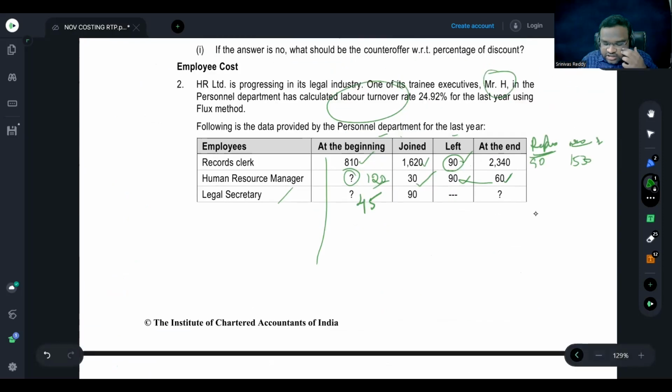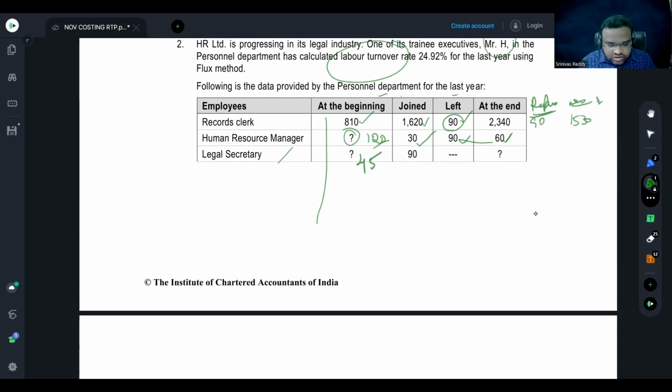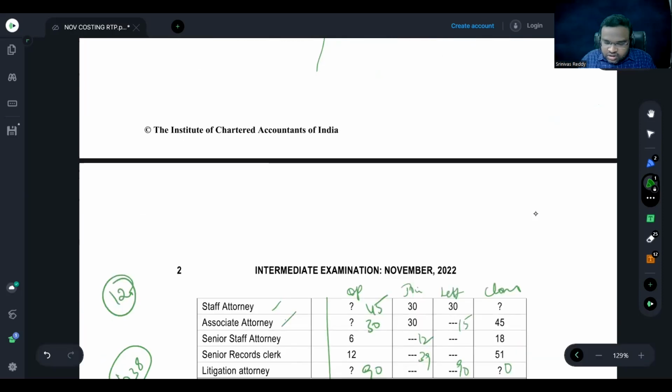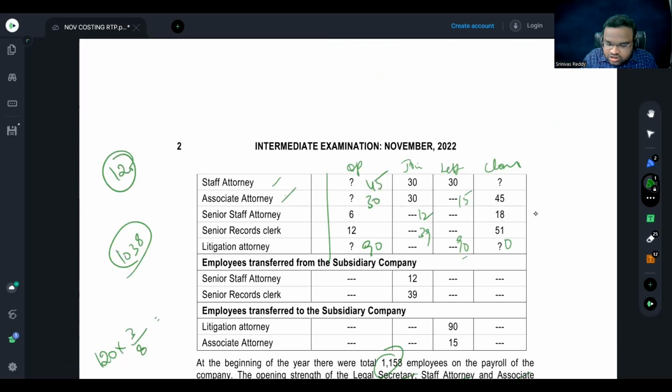At the end of the year, there are some numbers we need to calculate. Now see here, legal secretary, opening 45, 90, nothing is left. So it should be equal to 135. 45 plus 30, so closing is equal to 45. 30 plus 30, 60 minus 15, which is 45, is given.